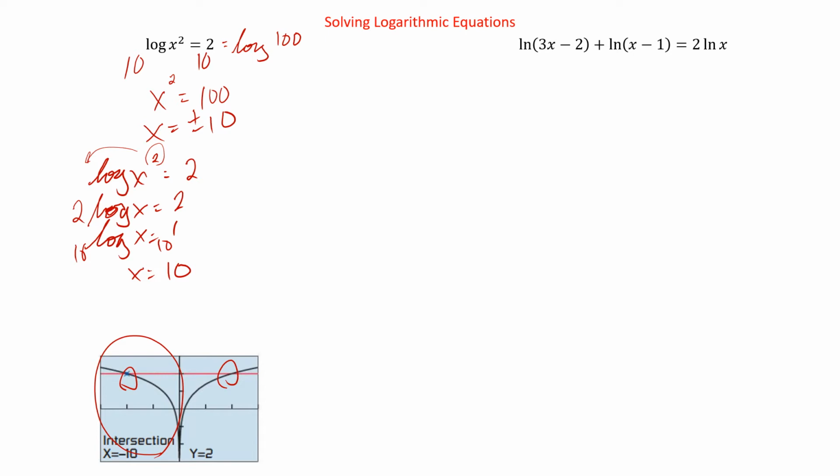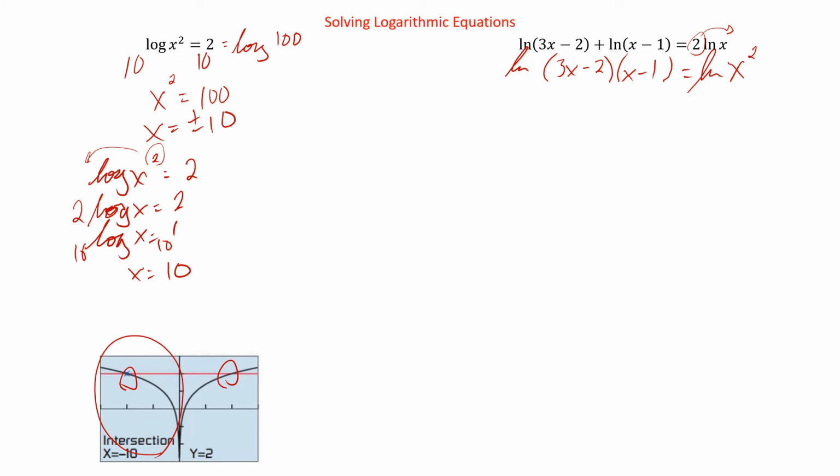Log of 3x minus 2 plus log of x minus 1. So when we're adding, that means we could multiply these. That's ln of 3x minus 2 times x minus 1 equals, and then this 2 can come up top, natural log of x squared.